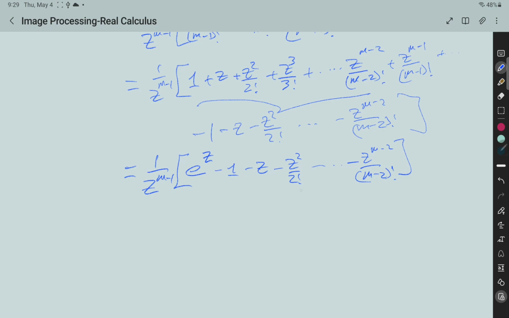So I'm going to rewrite this in more compact form. This is going to be equal to 1 over z^(m-1) times e^z minus the sum, still going from 0 not to infinity but to m minus 2, of z^k divided by gamma of k plus 1.